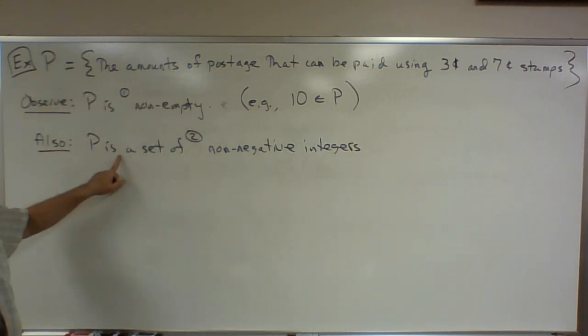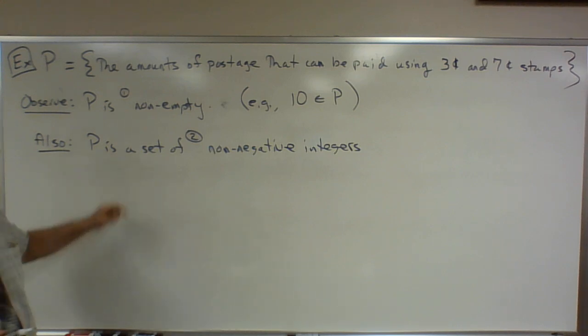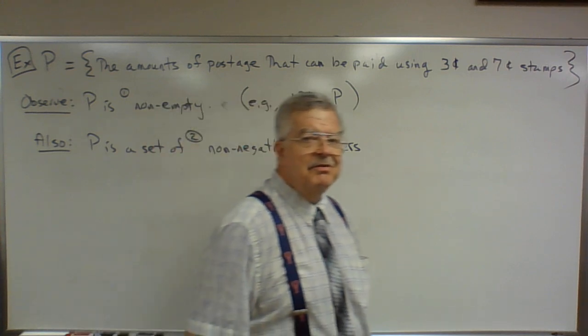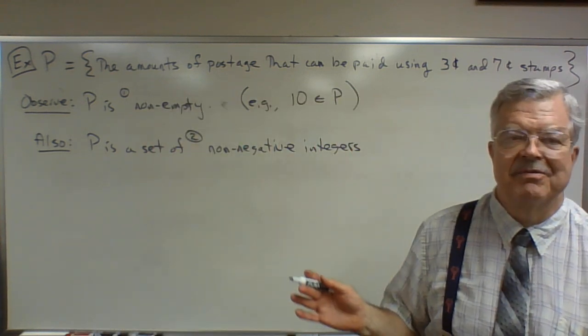The second thing, P is a set of non-negative integers. There's no such thing as a postage of negative 3 cents.